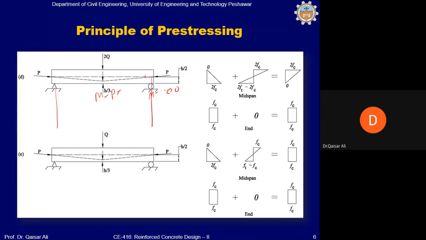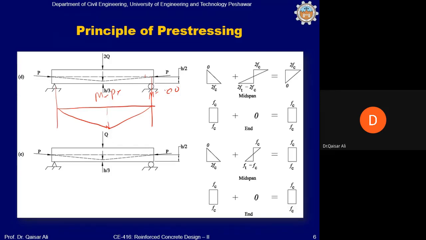This is the bending moment. Unlike the previous case, you have a bending moment which varies along the length. In the previous case, the eccentricity was constant, and therefore the bending moment produced due to the pre-compression force was also constant. Here, eccentricity varies along the length, so the bending moment also varies along the length, and the bending moment will be maximum at the mid-span because E is maximum at the mid-span and 0 at the ends.